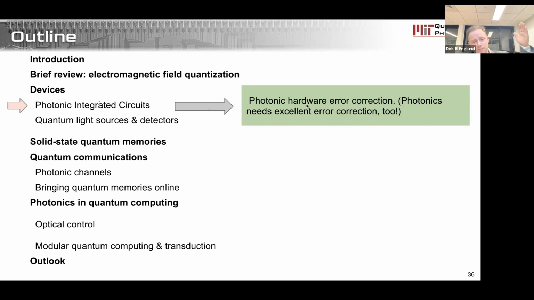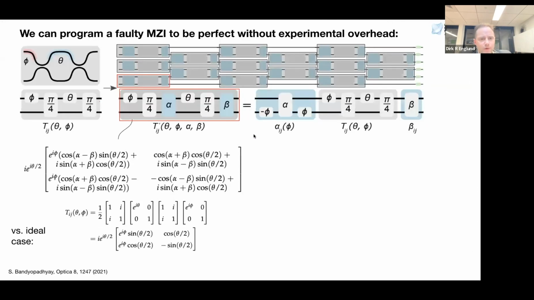So if you have a phase mismatch early on, you can have it canceled later on in an optical circuit. So optical systems, in terms of making perfect or error corrected systems, are fundamentally different than mechanical computers that have been considered in the past, at least. So that's giving us hope.